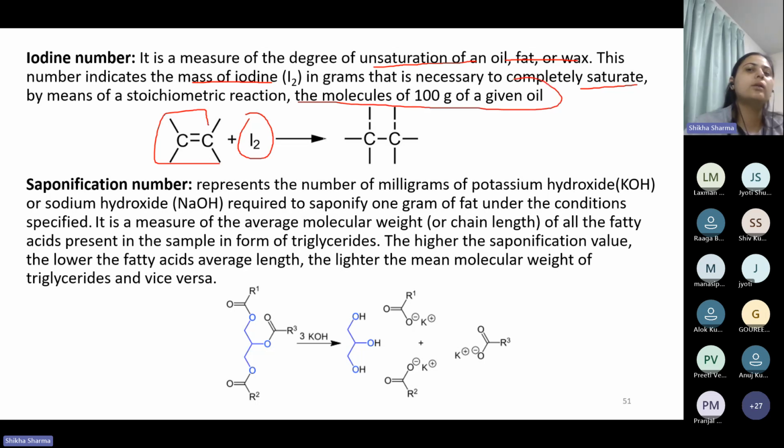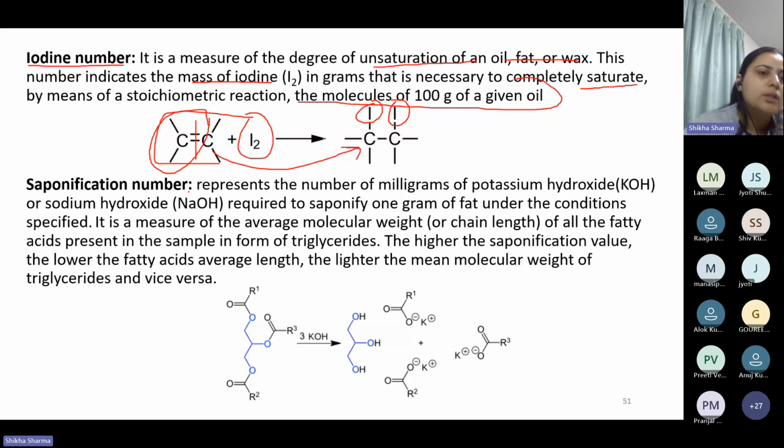So in 100 grams, how much iodine is required to make this unsaturated oil into a saturated one. This bond will break and iodine will attach here and here, and it becomes saturated. So this is the iodine number.